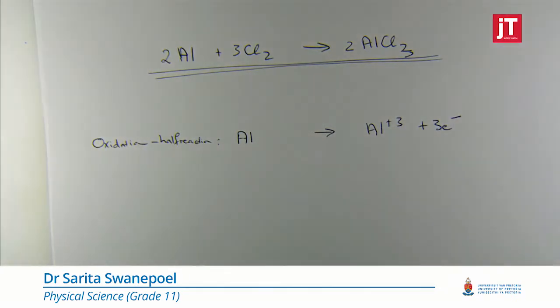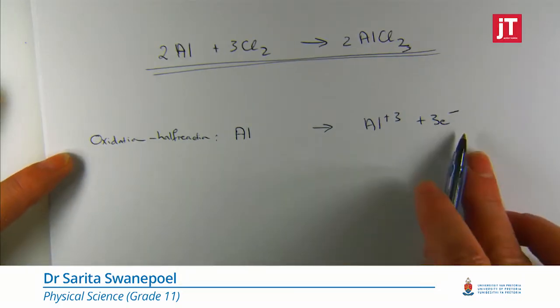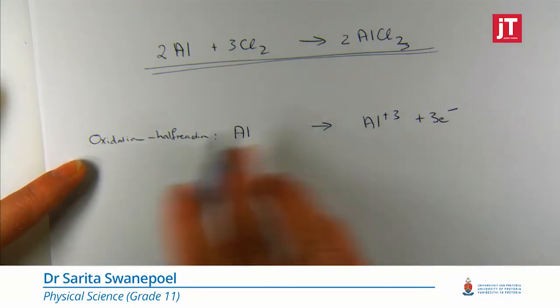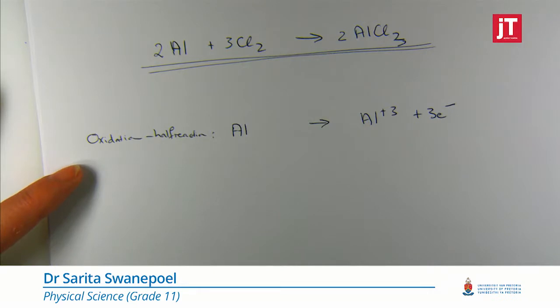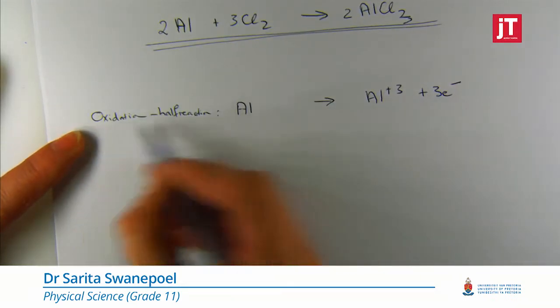You don't have containers on the shelf where you can put the extras, or from where you can get some electrons when you need them. What is produced must be used, and this one only produced, so it can never happen on its own. It can only happen if you have something else that will take those electrons. So this is the oxidation half reaction.